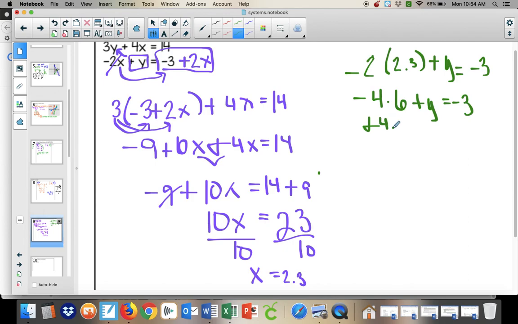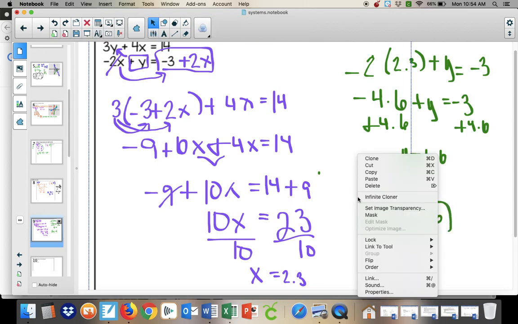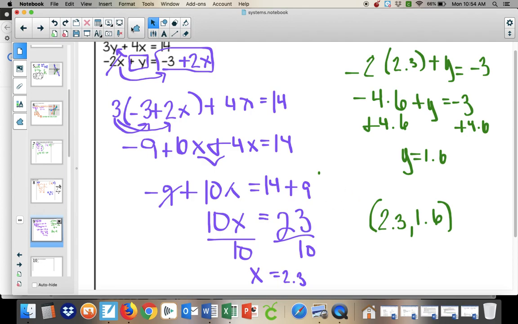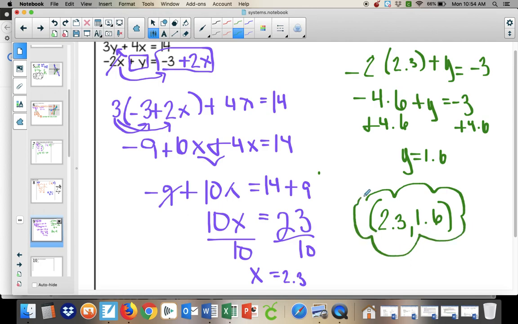Add 4.6. And y equals 1.6. So my answer is 2.3, 1.6. And you do have to put your final answer into a coordinate point. If you leave it as x is 2.3, y is 1.6, it does not give you your full answer. Your full answer is a coordinate point.